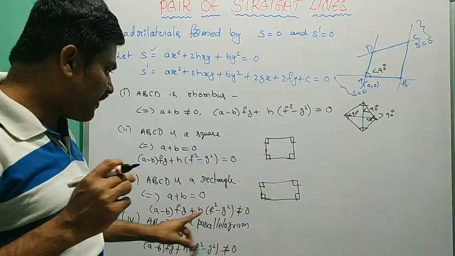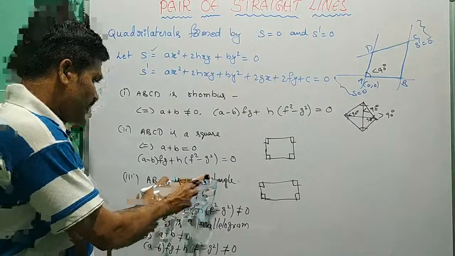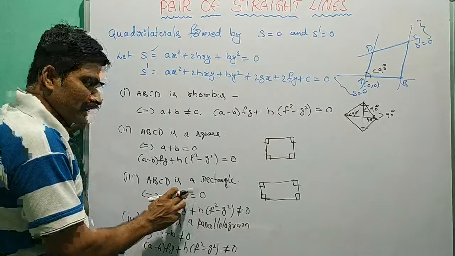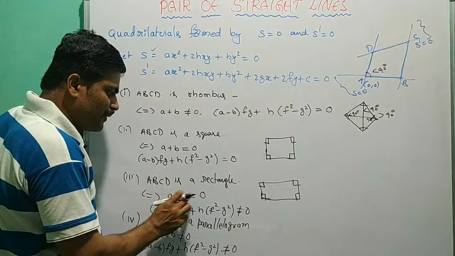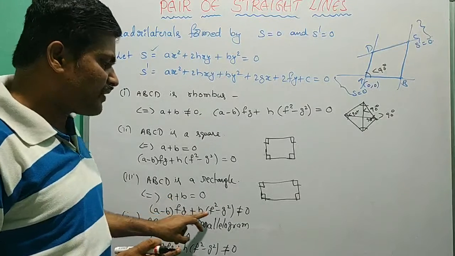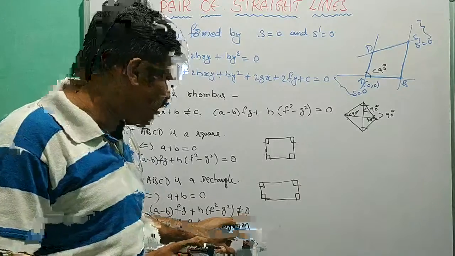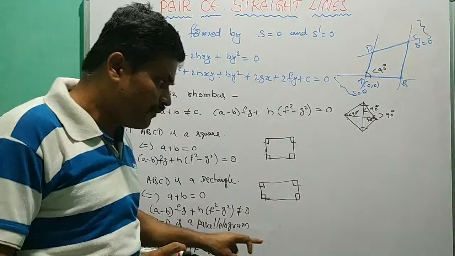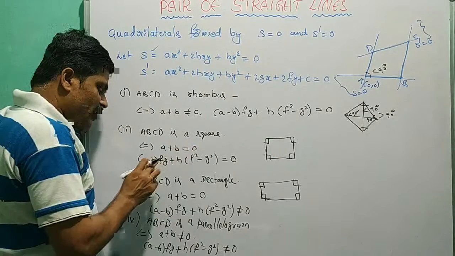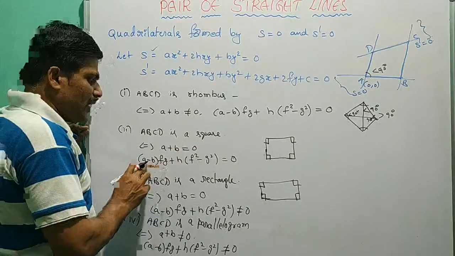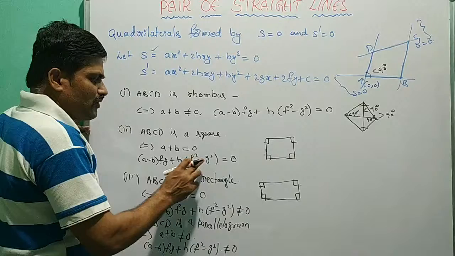Similarly, the second condition, f square minus g square, is not equal to 0. Equal to 0 means the perpendicular condition holds. A plus b equal to 0, and fg plus h and f square minus g square is not equal to 0. Compulsorily the perpendicular condition holds and all sides are equal, that means fg plus h and f square minus g square is 0.